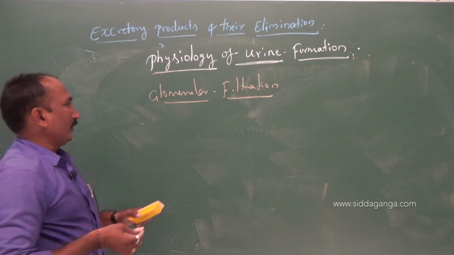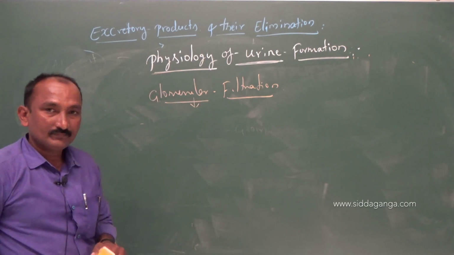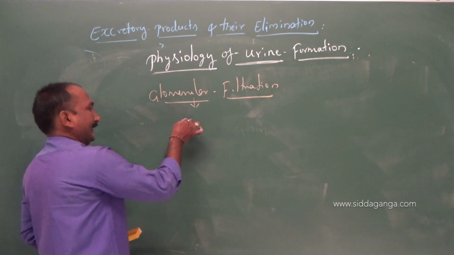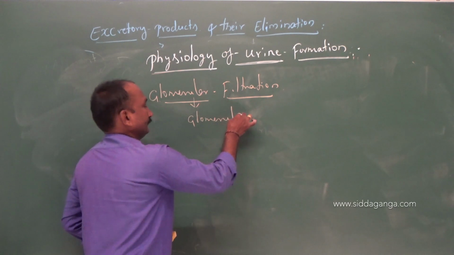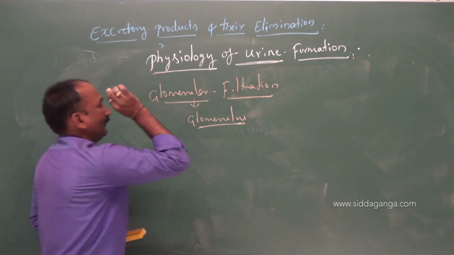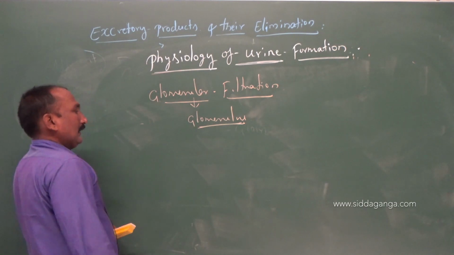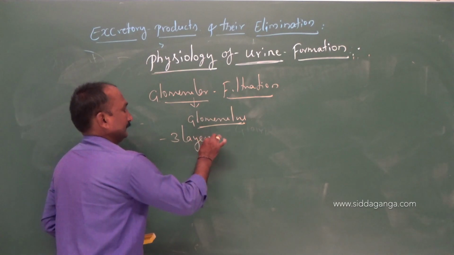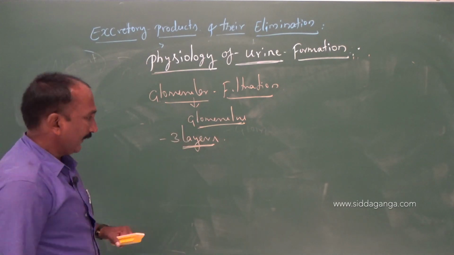Such filtration we call glomerular filtration. Such filtration of the blood can occur through three layers. What are those three layers?